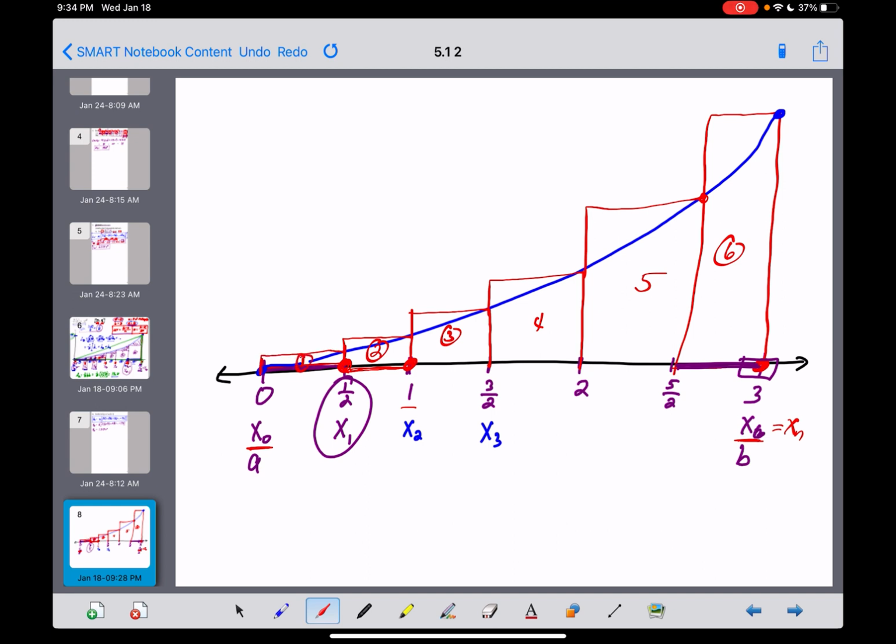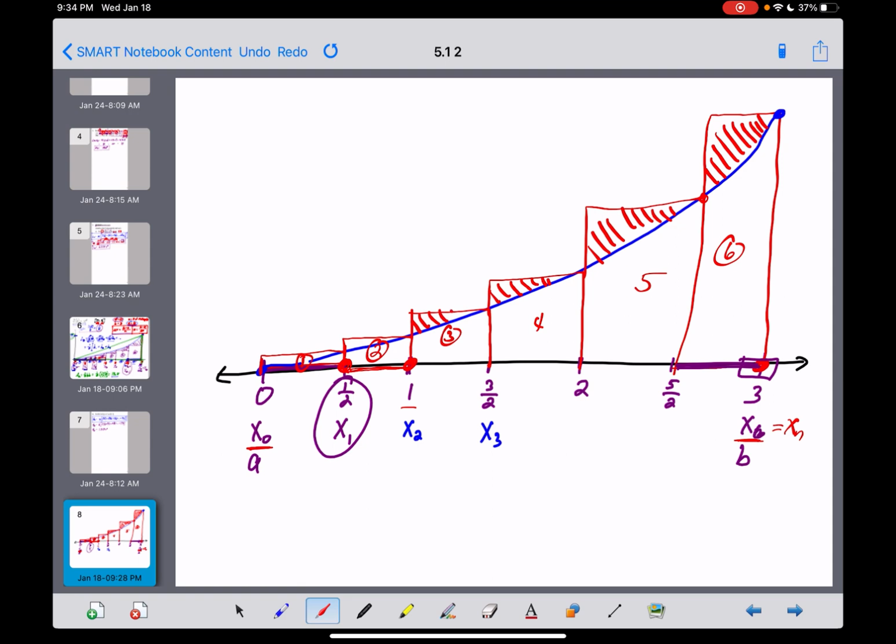Now what I want you to notice is when we add the areas of these 6 rectangles, there's area right here that we are counting. It's part of the areas of the rectangles that isn't part of the area underneath the blue curve.